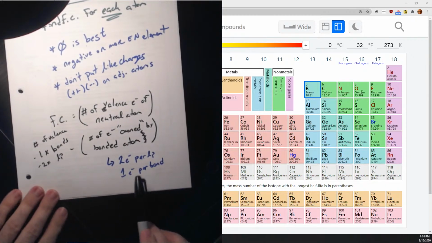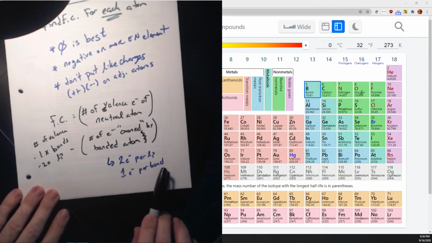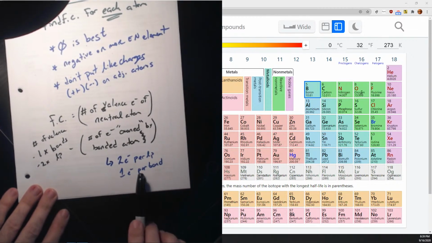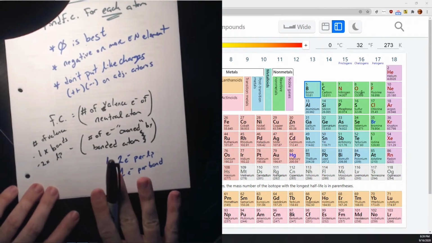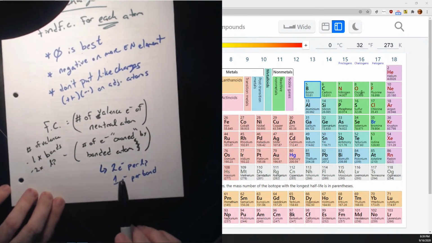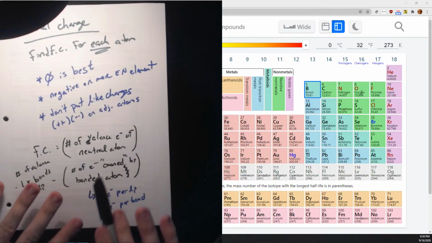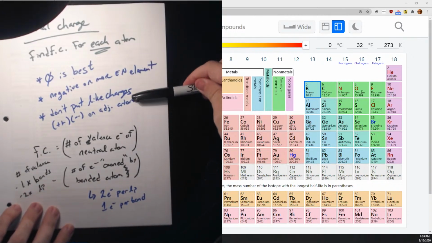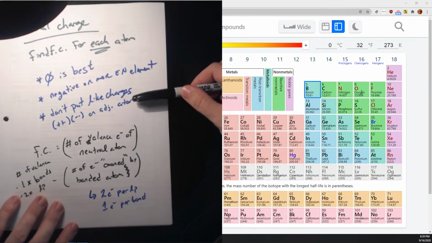That works just fine. I just count the number of electrons on each thing by counting each electron in the lone pair, and then I count the number of bonds. However you do it, so long as you consistently get the right answer, that's what really matters. Okay? So once we have the formal charges, and you have to find the formal charge of every single atom, then you use these guidelines to judge the structure and see how good your structure is.